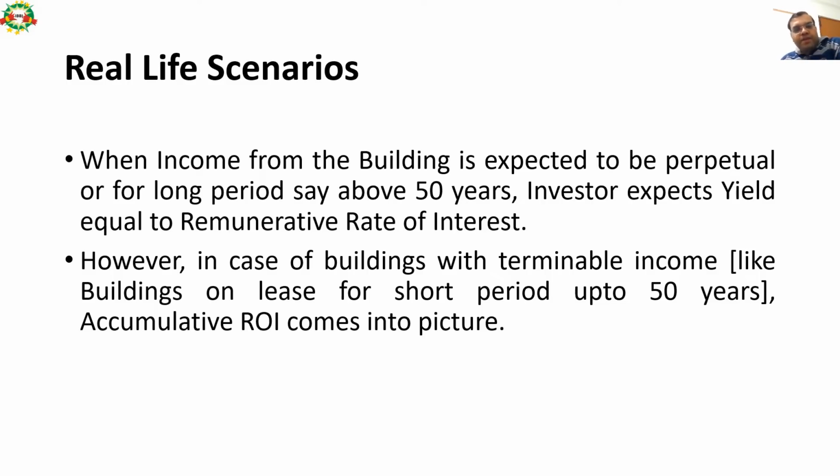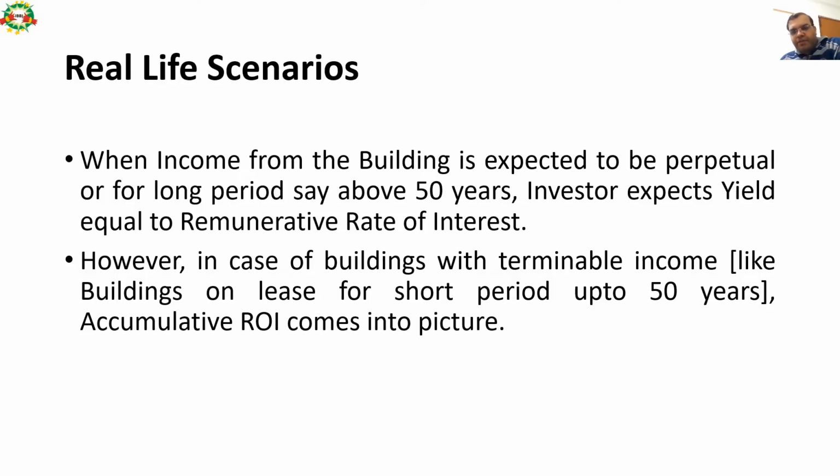If we take some real life scenarios, when income from a building is expected to be perpetual or for long periods, say 50 years, the investor expects a yield equal to the remunerative rate of interest. So if my building or land is with me for a perpetual period, I need not provide anything for recoupment, because it is going to be perpetual.